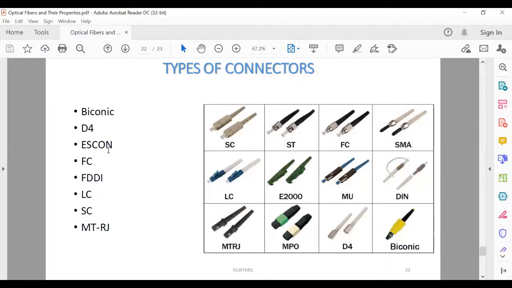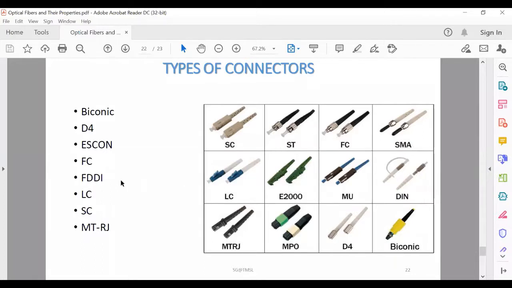This type of connector is commonly used to connect from a wall outlet to a device. FC connectors are actually a fixed connector type device, which is used for single mode fibers and for very high speed communication.